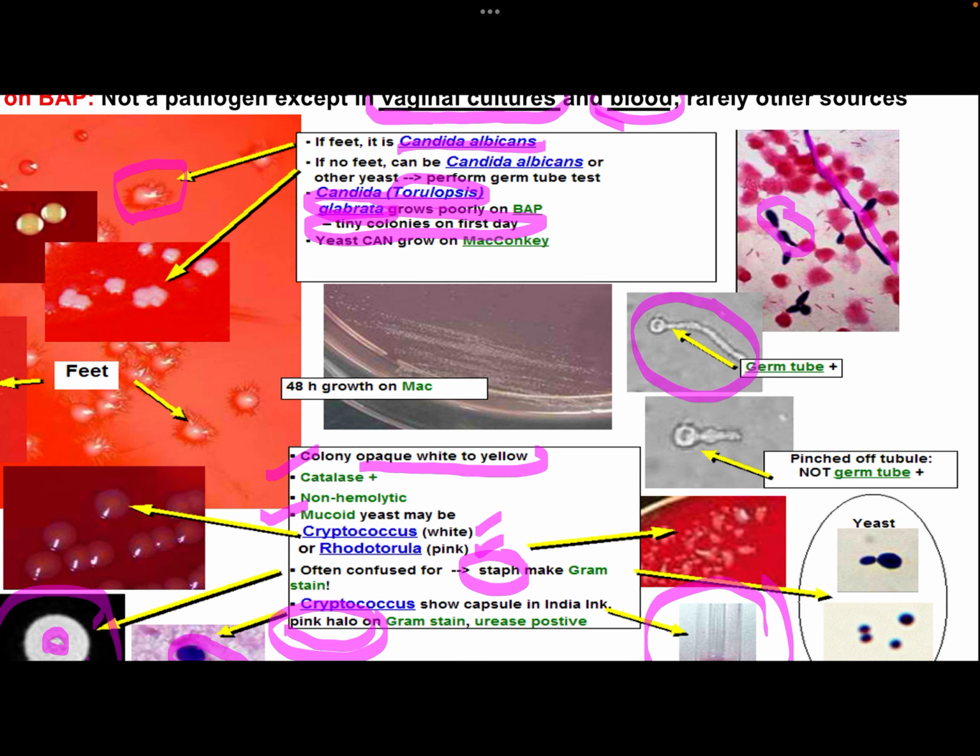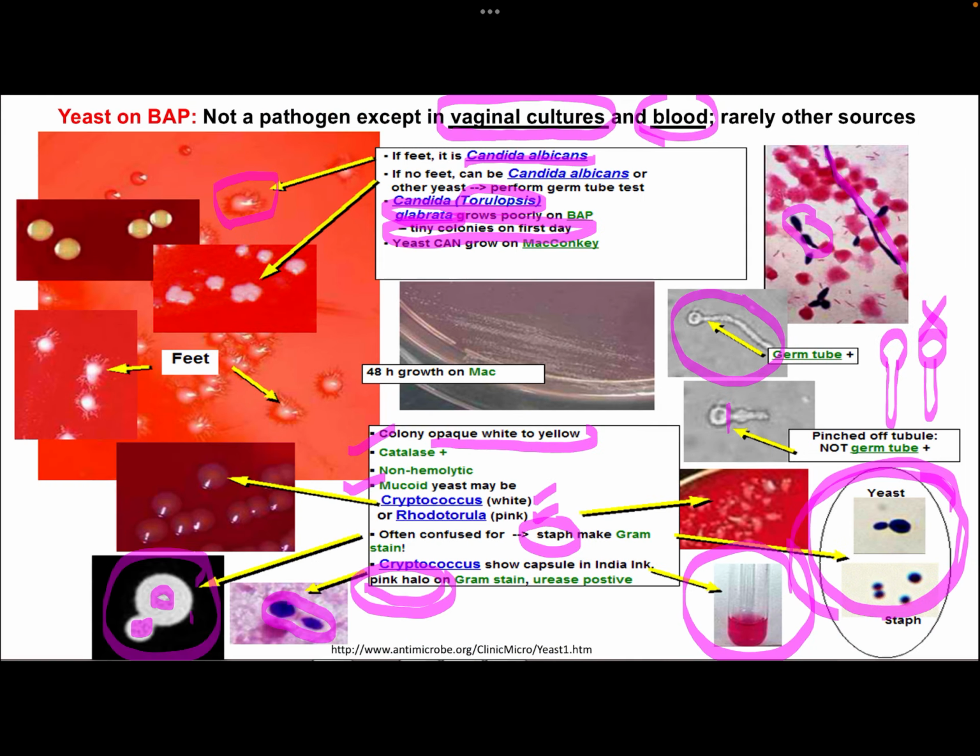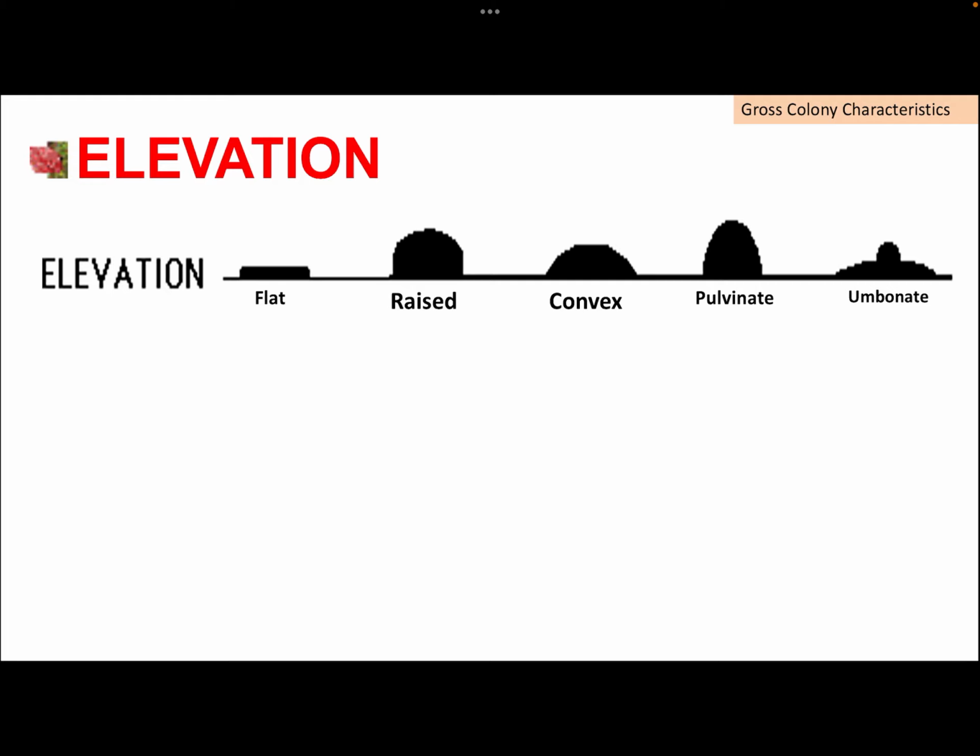This is not a germ tube because in the middle there is a constriction here. You will know that it is a true germ tube if there is no constriction. If it is like this one, this is not a germ tube. That's just pseudohyphae formation. And this is how the yeast cells would look under the microscope when you perform gram staining.